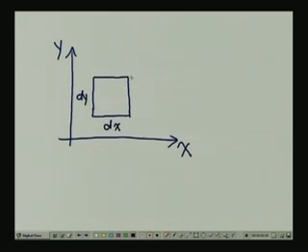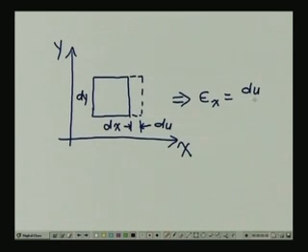So, first of all let us consider that by some means we stretch the element in the x direction, and this amount of stretching is given by du. It is a small infinitesimal quantity, and this definition is only going to work when the deformation is small. So, that will give us the normal strain in the x direction as du/dx, as was given in the slide before.